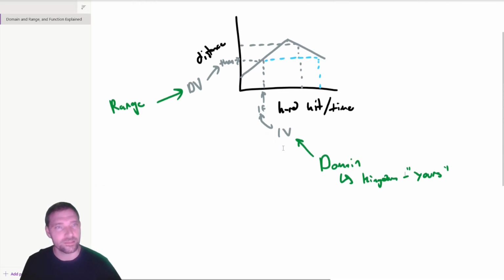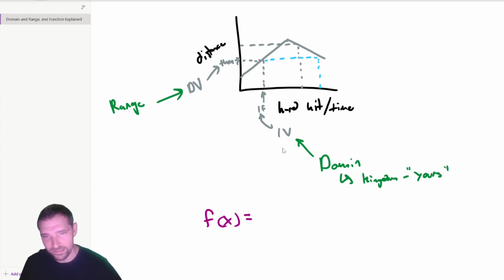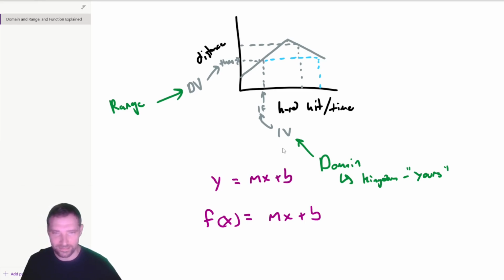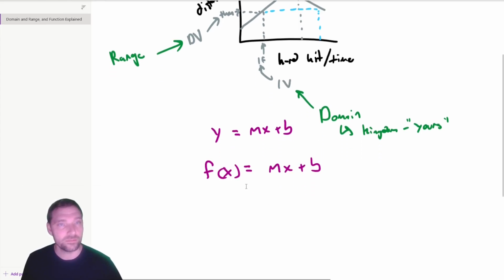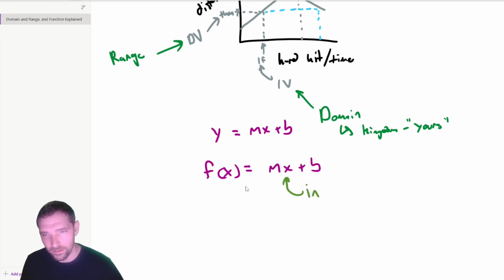So if we're thinking about this in terms of a function, again, something that looks like this, this is very similar to y equals mx plus b, but f of x is very similar to y here. So you're plugging in an x value, like something's going in, and then something comes out of the function.